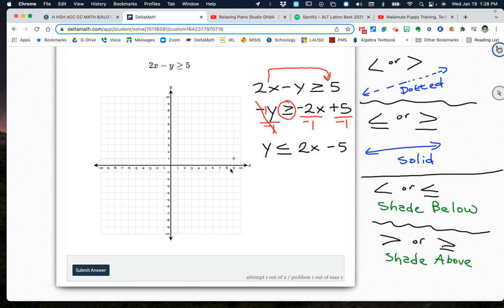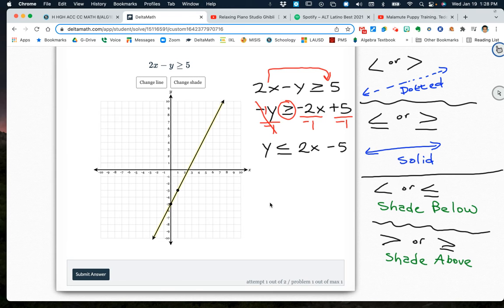Okay, let's graph it. We're crossing at -5. And then what's my slope, guys? The number is 2 over 1. And do I want a solid line or a dot? Yeah, I want a solid line. Now, I want to shade below, right?